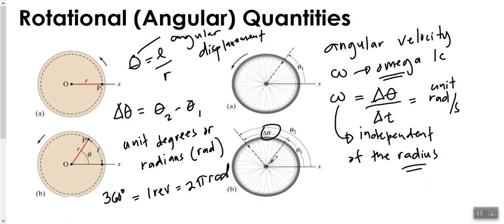It doesn't matter, the angular velocity would be the same all throughout. Whether it's right here, right here, or right here, the angular velocity will be the same. It disregards the radius of this system, so that's something you have to look into.